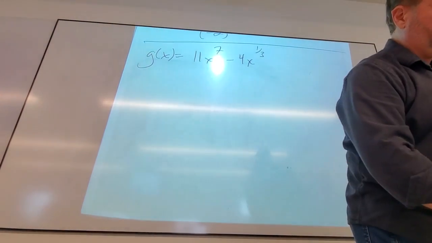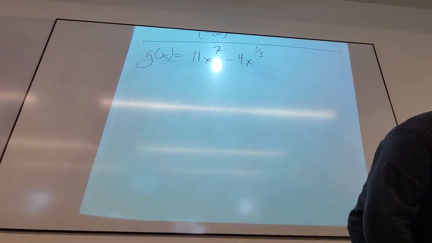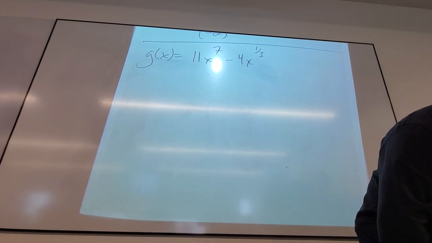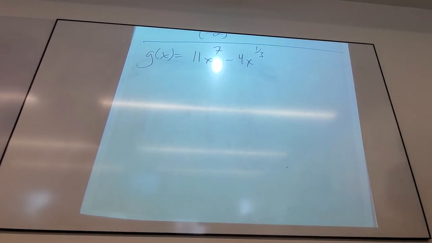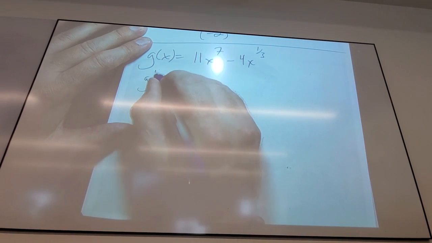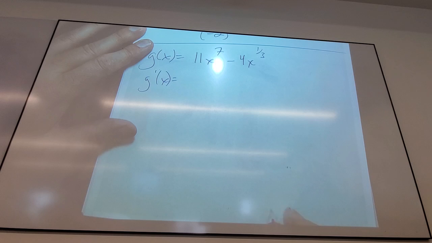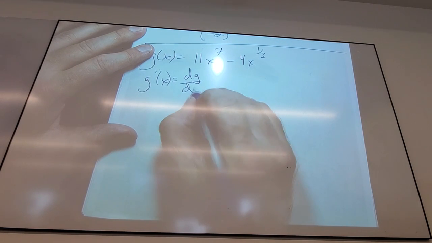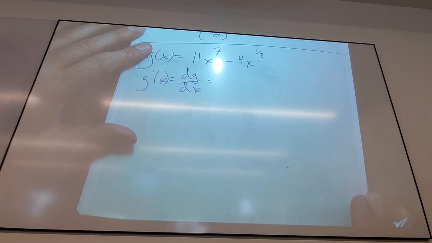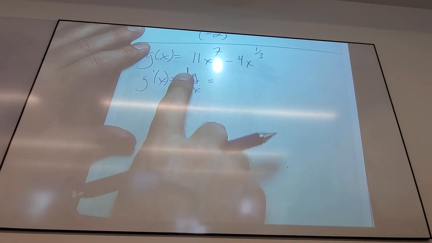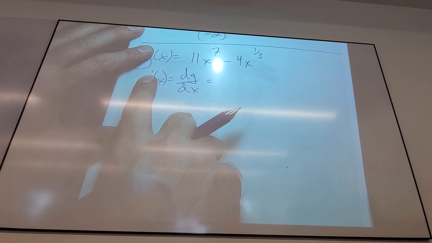It's in this section. Good. You remember I could write it like this also? There's another version of the notation for G prime.